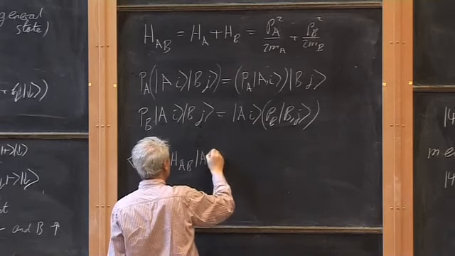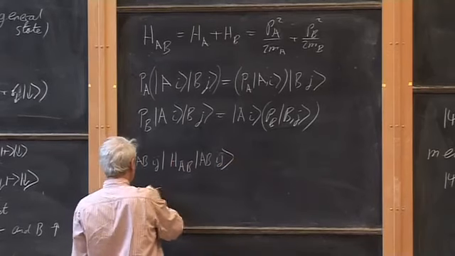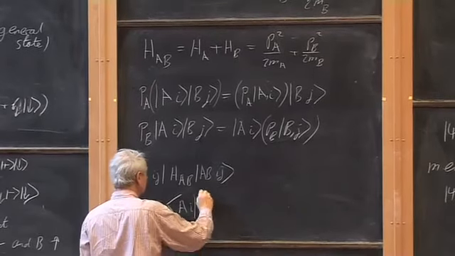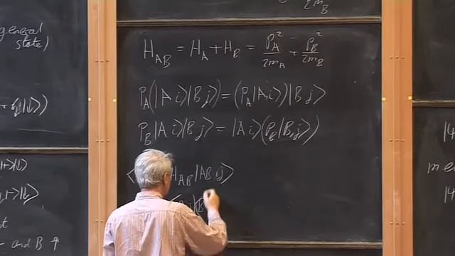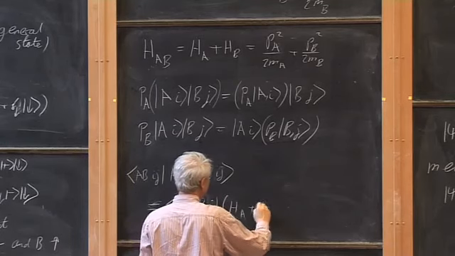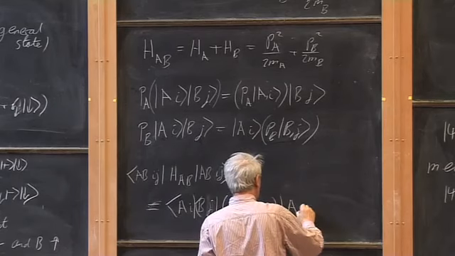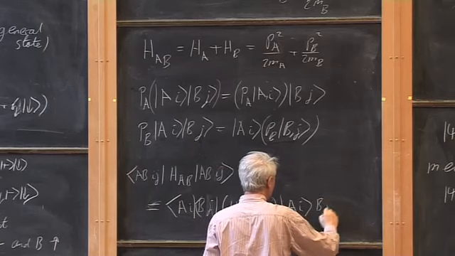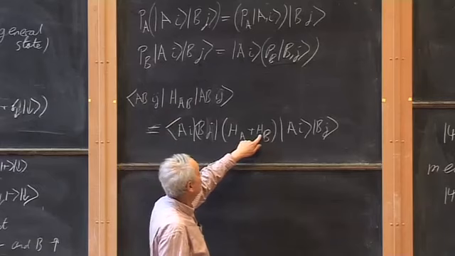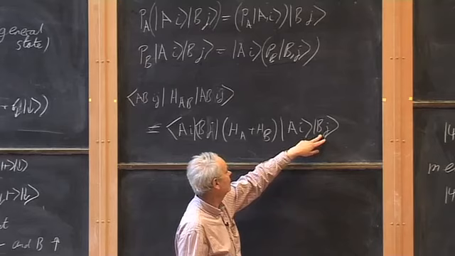Let's just make sure that we get some sense out of this. Sorry, <A_i B_j|. So what does that mean? That means <A_i|<B_j| brackets HA plus HB close brackets |A_i>|B_j>. So this operator ignores that because it's a B operator and homes in on that.